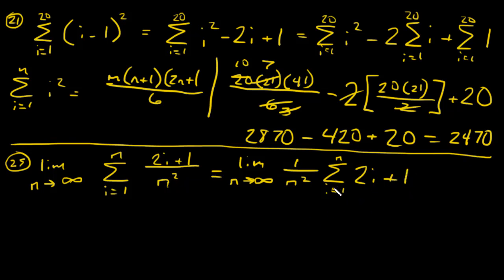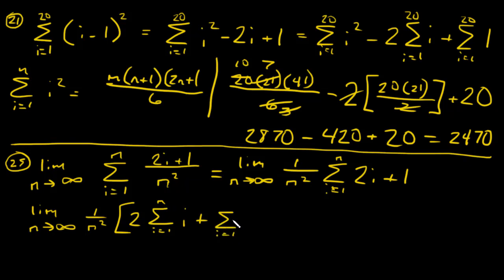Okay, so now I'm going to rewrite this as the limit as n goes to infinity of 1 over n squared times, big bracket, 2 times summation i equals 1 to n of i plus summation i equals 1 to n of 1.